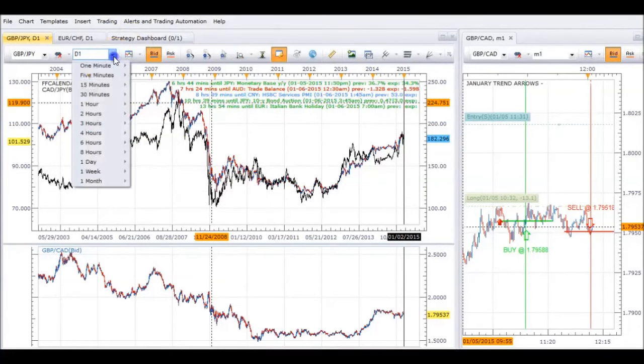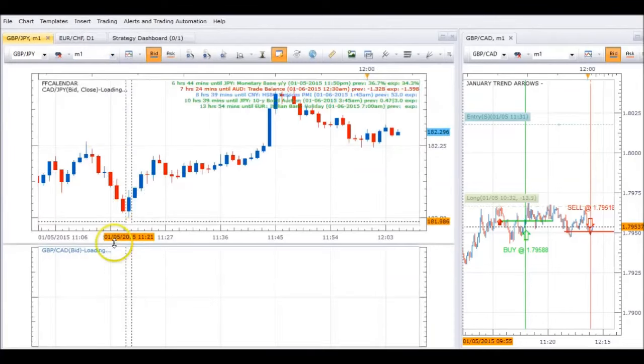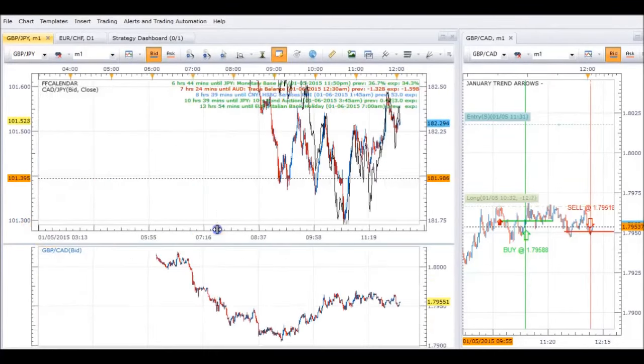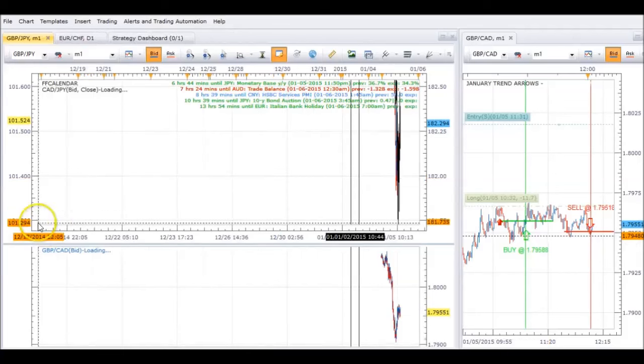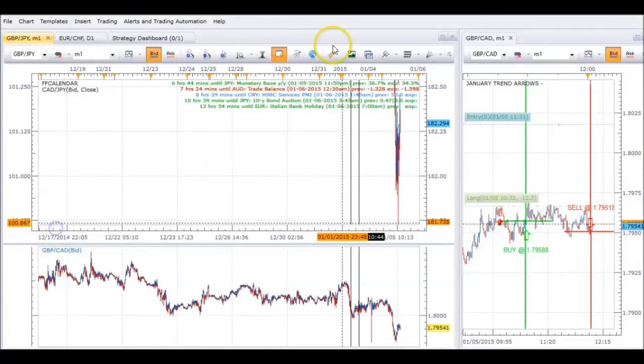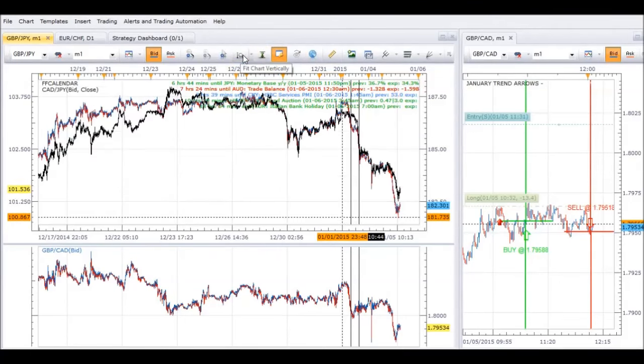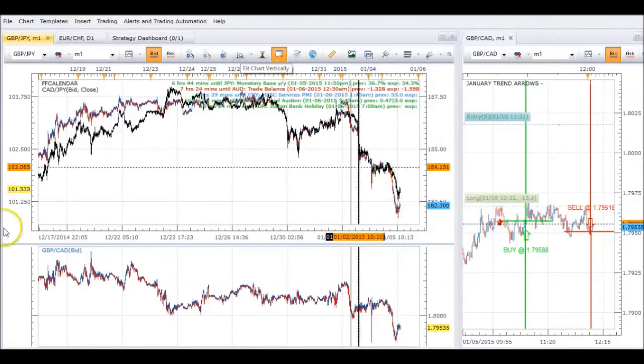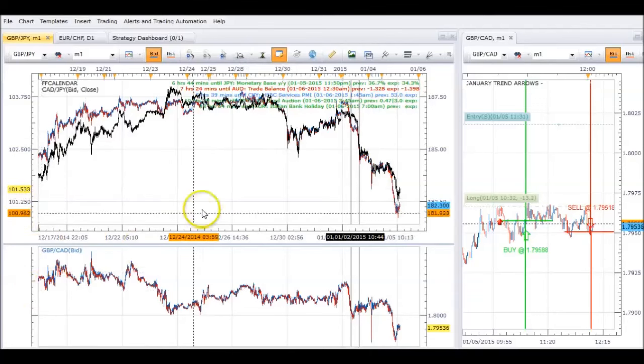So let me go back down to my 1 minute chart. Let me scroll back here. I'm going to fit as much data as I can. And this is what it looks like since December the 18th.